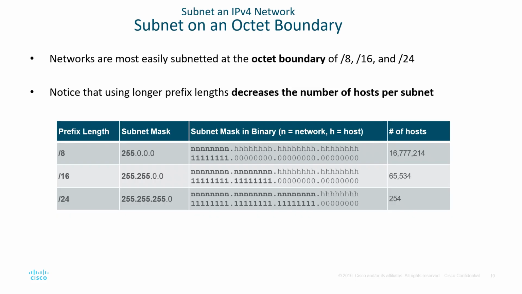So again, here I am 2 to the 24 in my hosting field. 8 plus 8 plus 8, which gives me this number. Secondly, I am 2 to the 16, 8 plus 8, which is giving me this number.